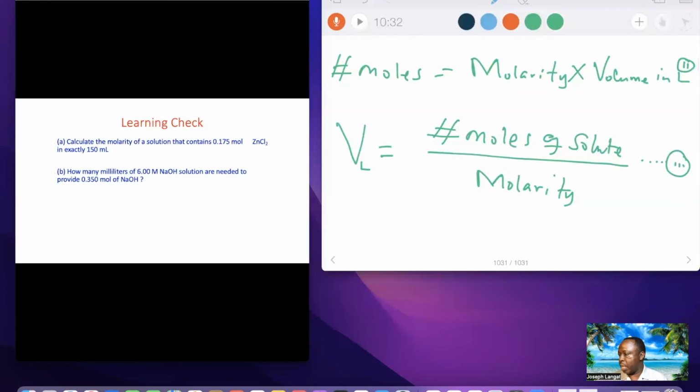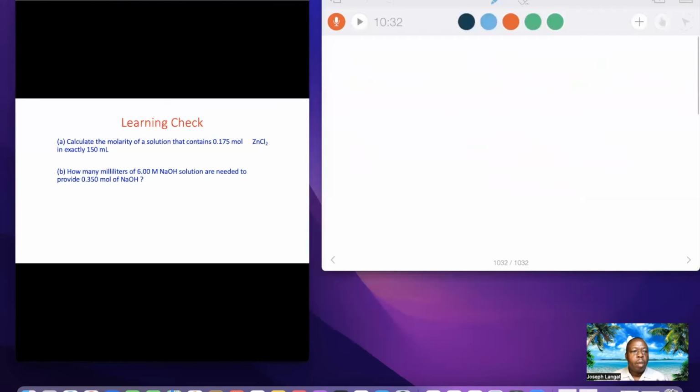For example, let's see. Learning check: calculate the molarity of a solution that contains 0.175 moles of zinc chloride in exactly 150 mL. I know molarity equals number of moles over volume in liters.